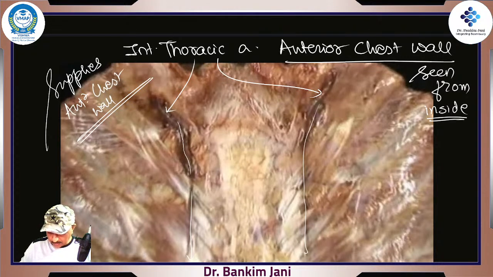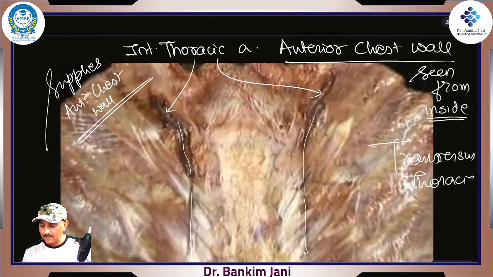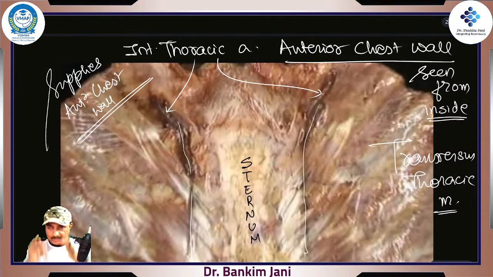So because we are watching from the back and the muscles are overlapping, it means this artery is running in front of the transversus thoracis, right? Transversus thoracis muscle. So it is running in front of transversus thoracis because we are watching from the back, and this one in between is the sternum, correct? This one is the sternum. So it is going parallel to the sternum in front of transversus thoracis, and then that's how it goes all the way down, right? All the way down.